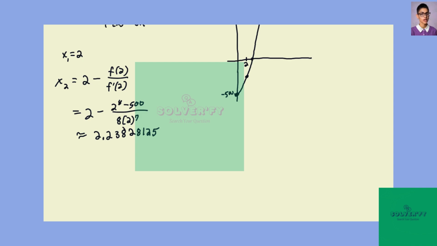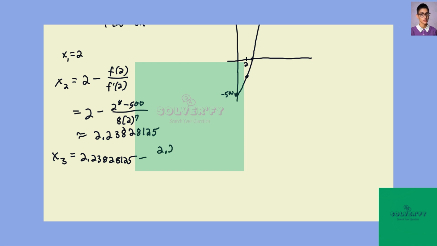And now let's find x sub 3. That would be that previous x value, 2.2382825, minus f of that value. So we would plug that value into f of x.